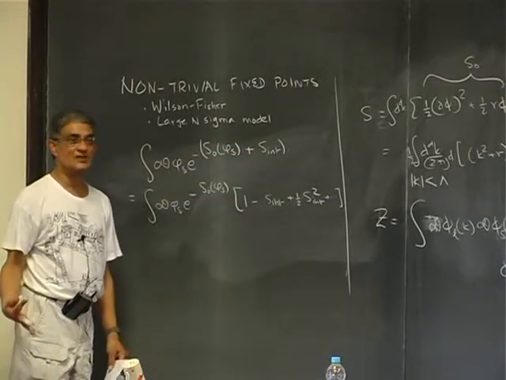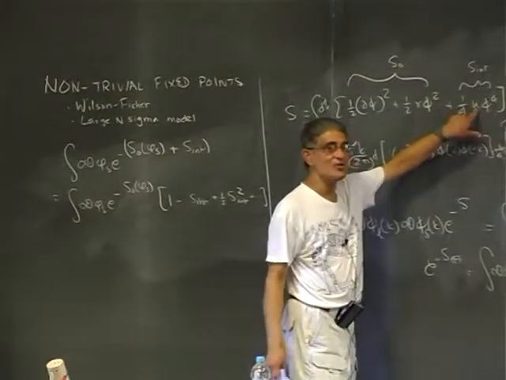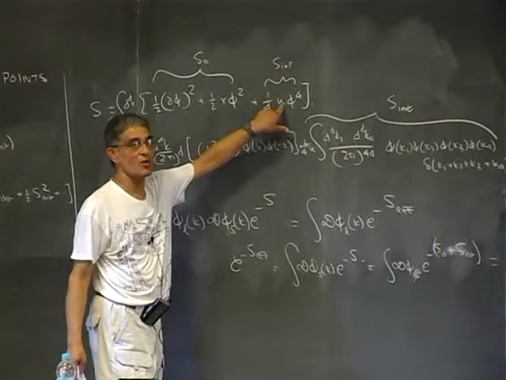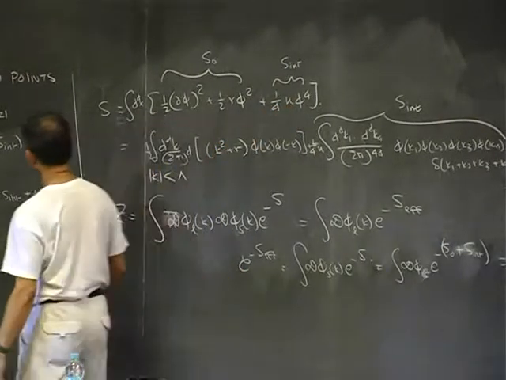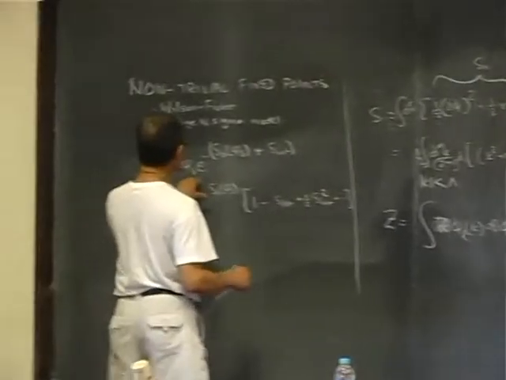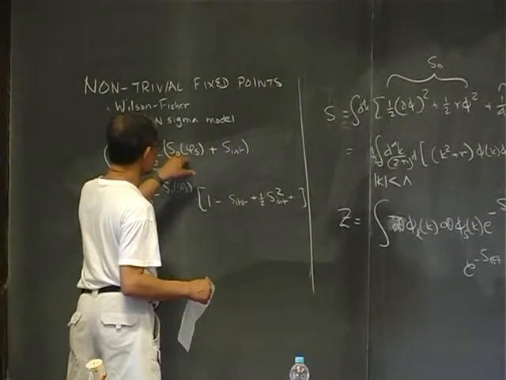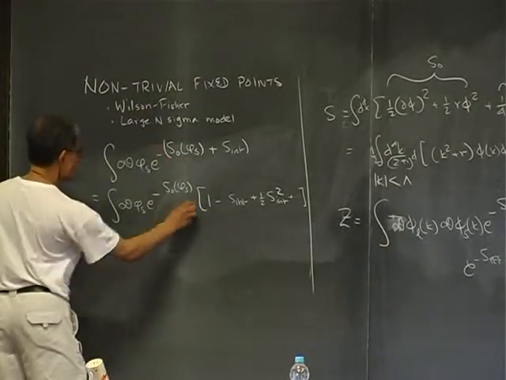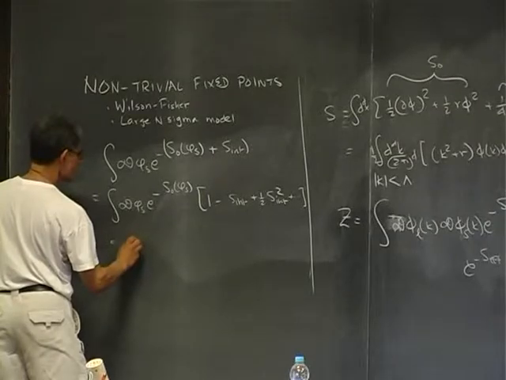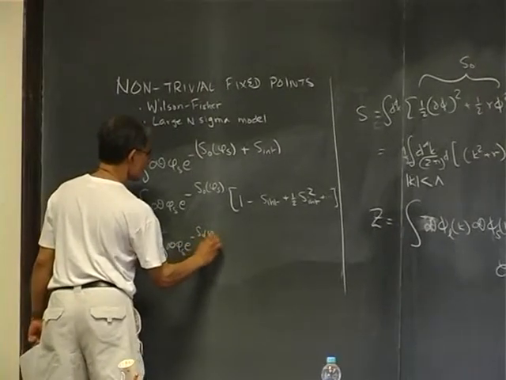Why could we do such an expansion? Because S interaction had a parameter u, and we are assuming that the parameter u is small. But then this has got to be divided by the whole thing without the interaction term. So I'll write this as: the first term is just the integral of d phi s e to the minus S naught of phi s.